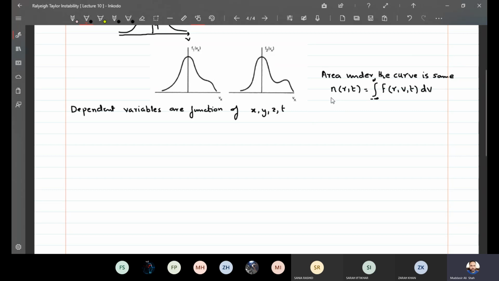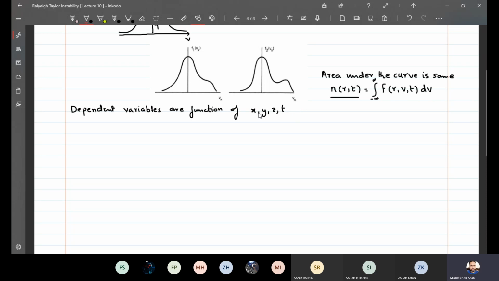Just like you can see here, the density is a function of r, which is generally x, y, and z, and t. So the dependent variables are functions of these quantities, and the distribution is taken as Maxwellian. So we have another parameter, the temperature, that is required to discuss the fluid theory.